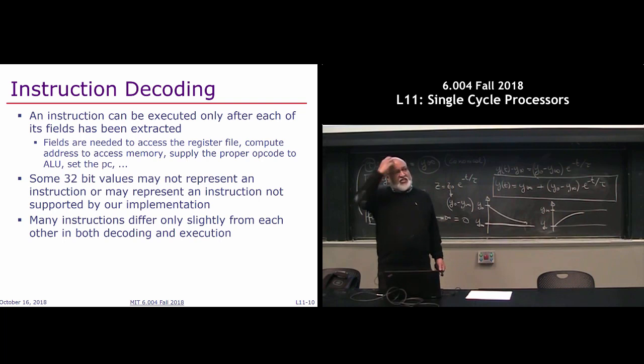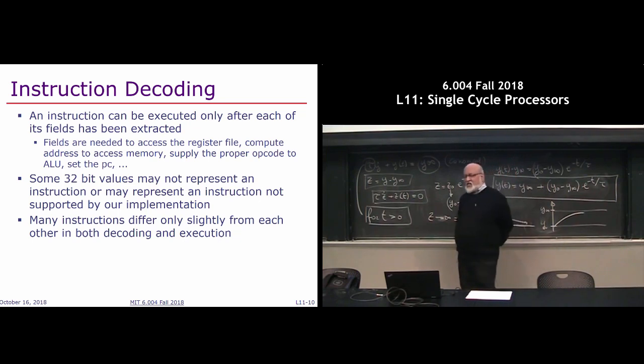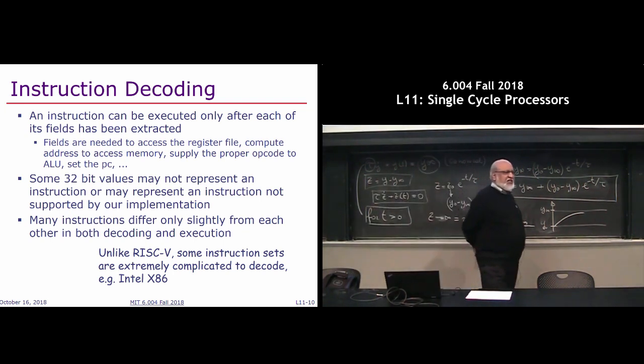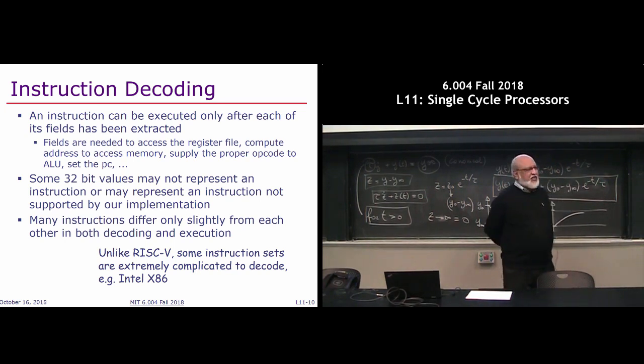So we group instructions according to the similarity in their decoding and similarity in their execution paths. Now RISC-V is practically as simple as it gets when it comes to instruction sets, which is something good, because we understand a lot more about instruction sets than we did 50 years ago.